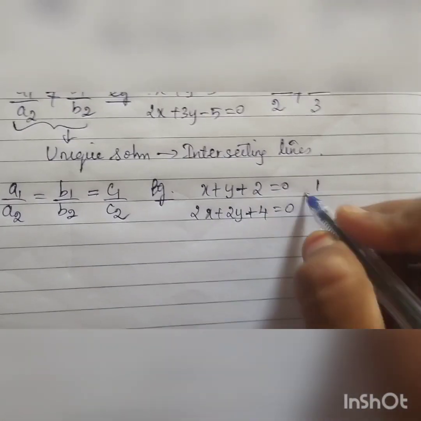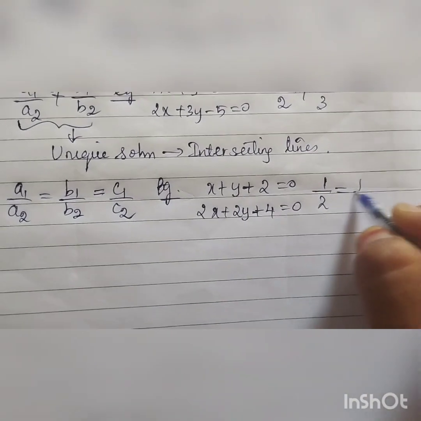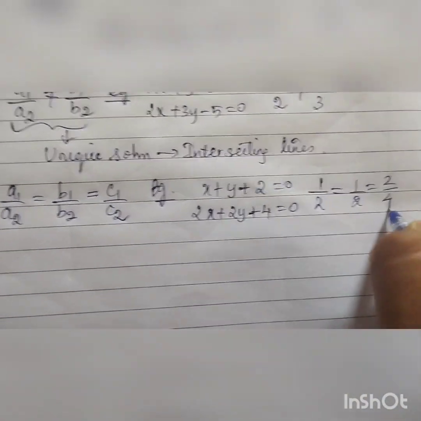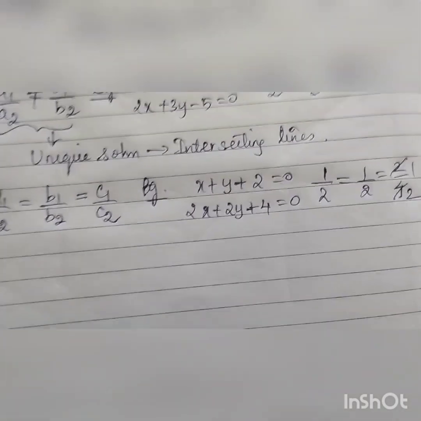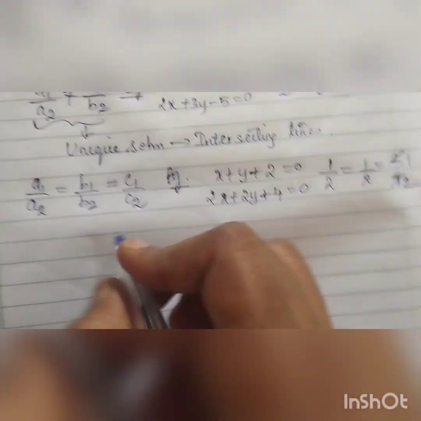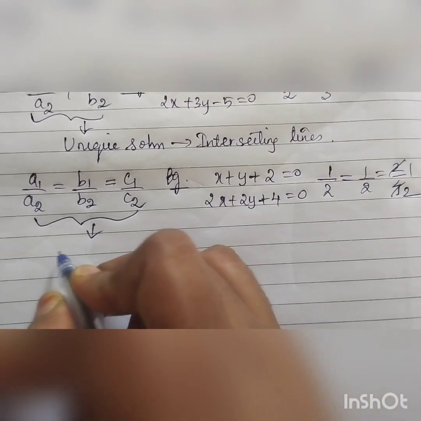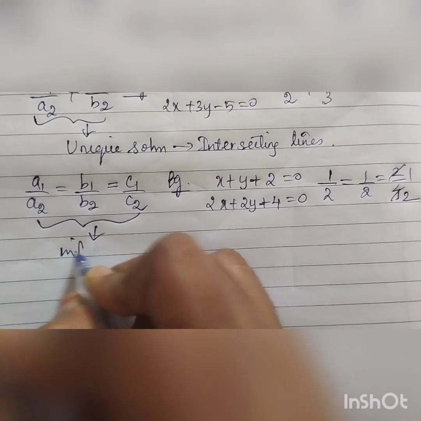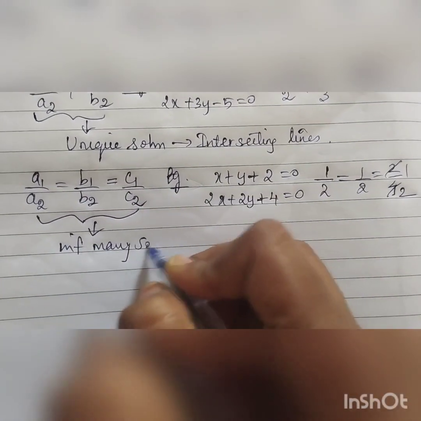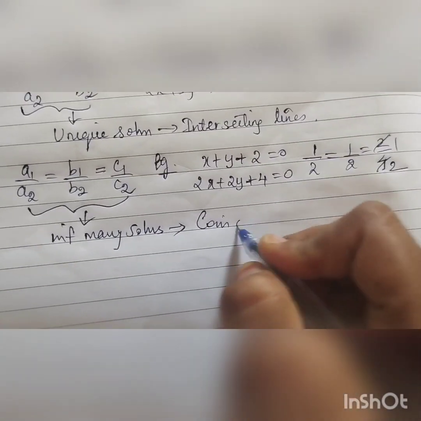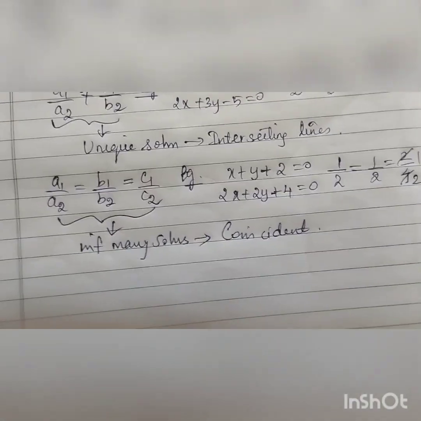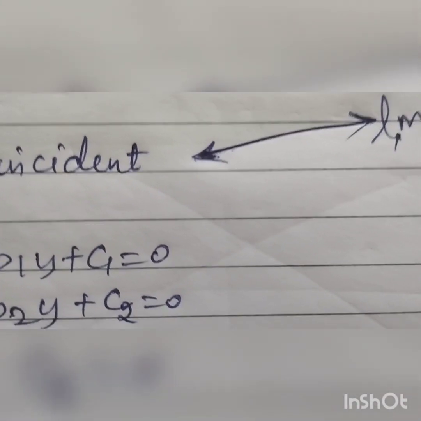Taking the ratios, 1 by 2, 1 by 2, and 2 by 4, which cancels to 1 by 2. So all three are equal. Then equations that have such ratios have infinitely many solutions. Infinitely many solutions means they are coincident lines. That means it looks like this.